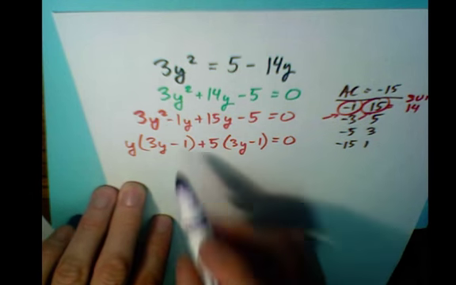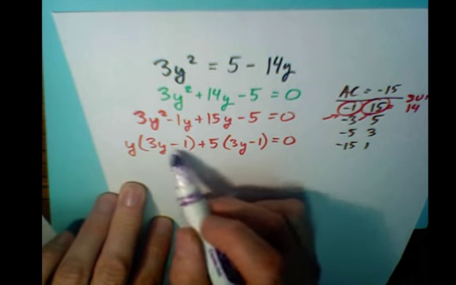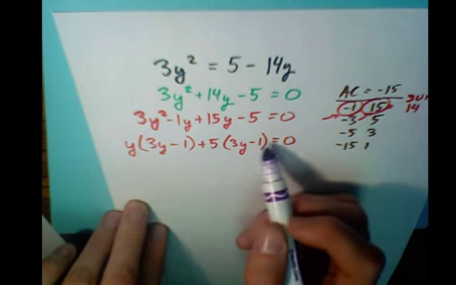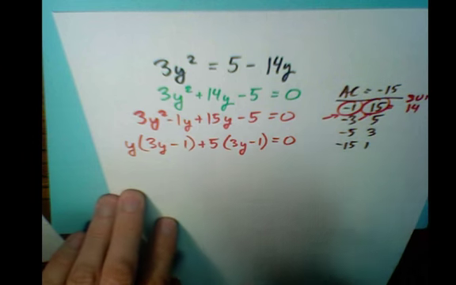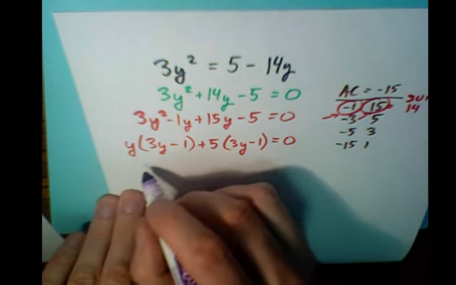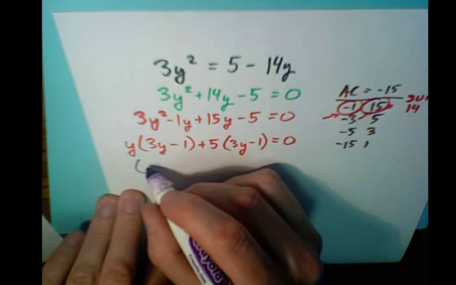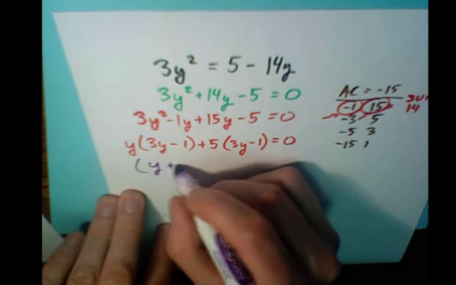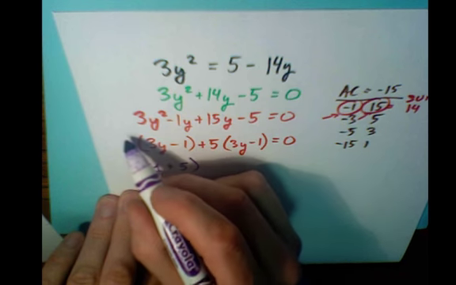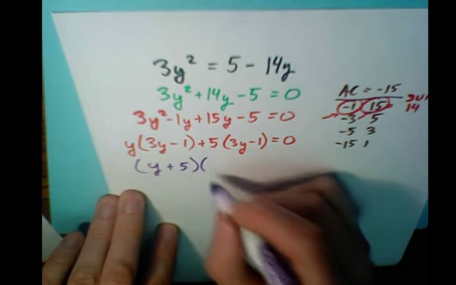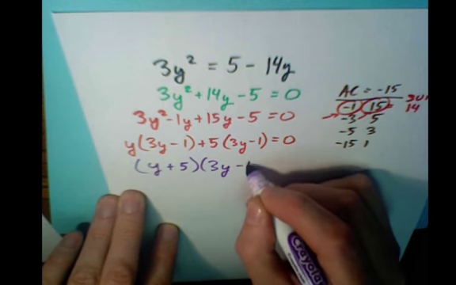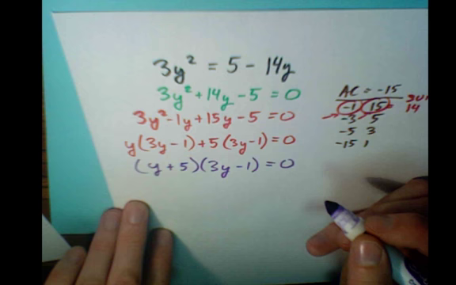Now it's very important that you pay attention to whether these binomials are the same. If they're not the same, you cannot factor by grouping. Or maybe you made a mistake. So the resulting factoring is y plus 5, which comes from here and here, times the quantity 3y minus 1 equals 0.